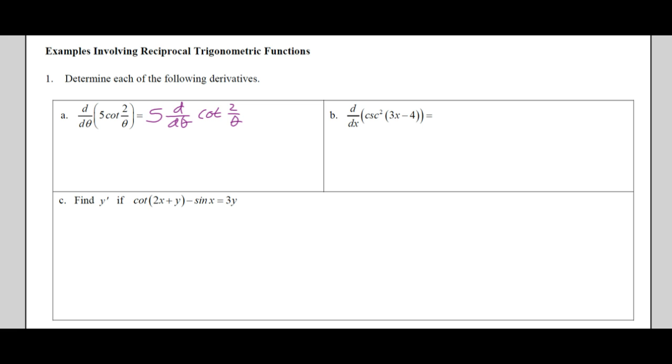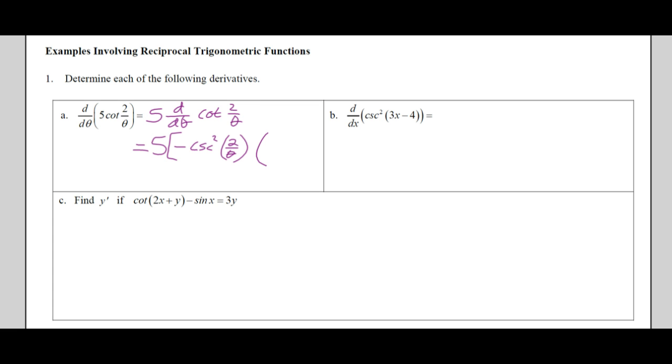So that's going to be 5 times the derivative of cotangent, which should be on the line above, minus cosecant squared of whatever. In this case, the whatever is the 2 over theta, times the derivative of that something.